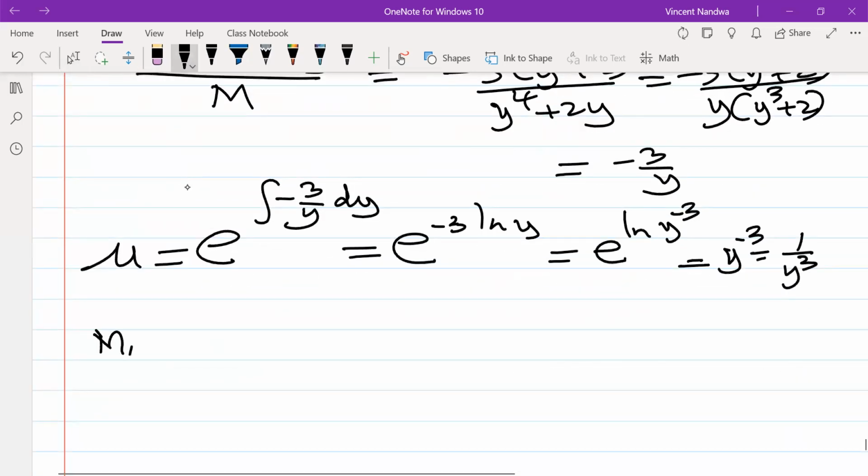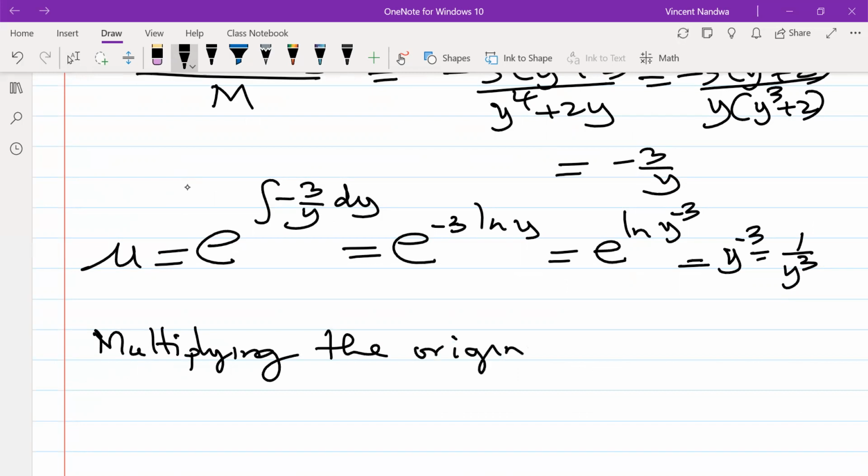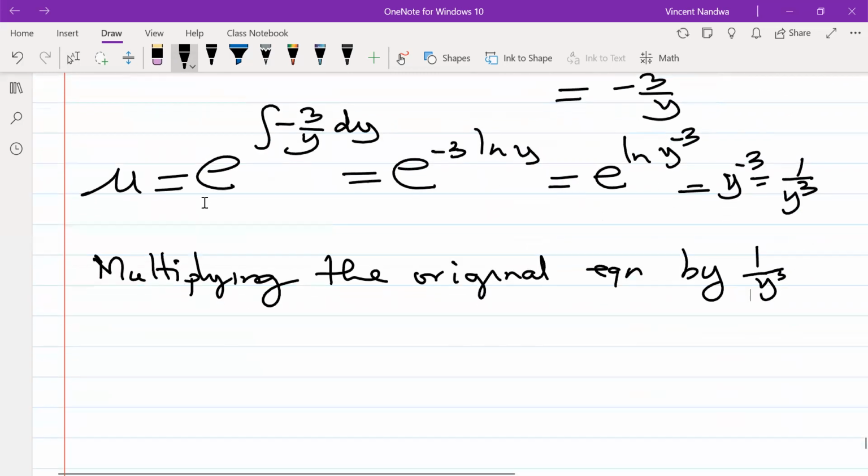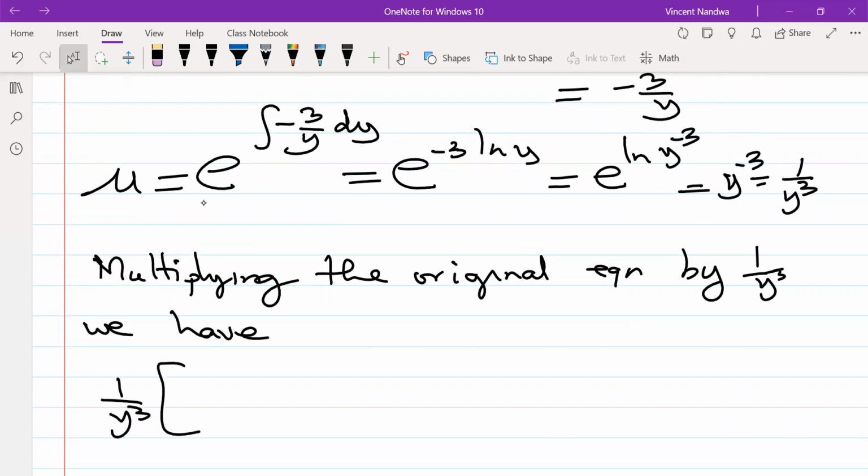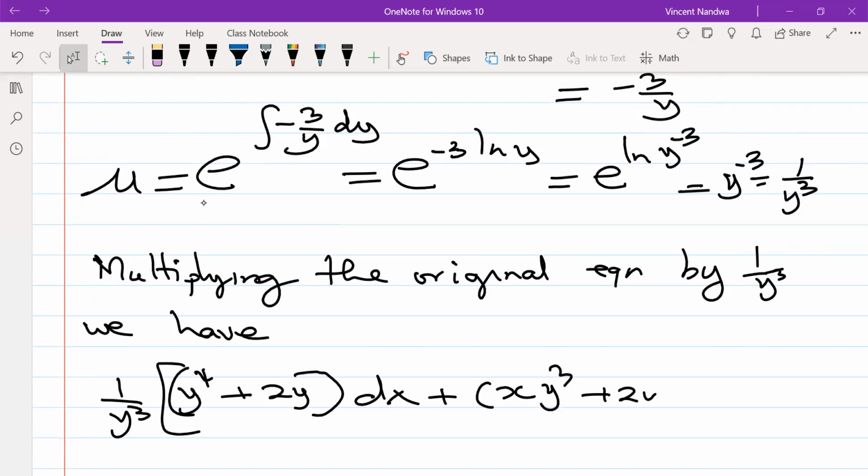So multiplying the original equation by 1 over y cubed, we have 1 over y cubed into the equation: y to the power 4 plus 2y dx plus x y cubed plus 2y to the power 4 minus 4x dy equals 0.